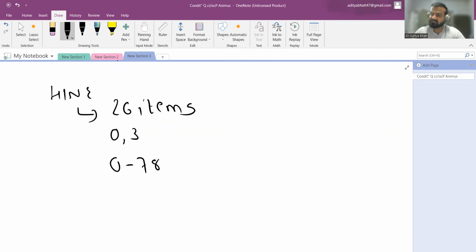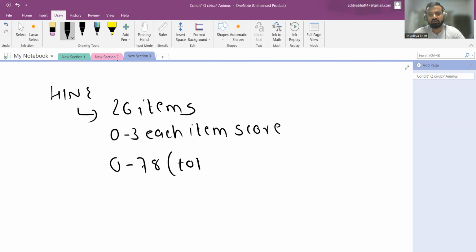There are 26 items and each item's score ranges from 0 to 3, and the total score will range from 26 into 3 is 78. So 0 to 78. Okay. So that is the HINE score, Hammersmith score. And that is again very, very important.